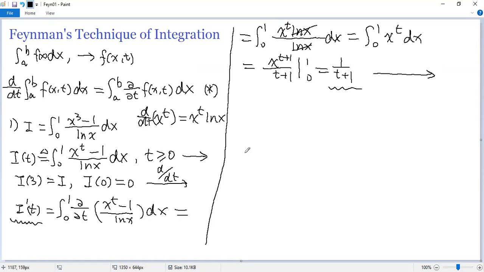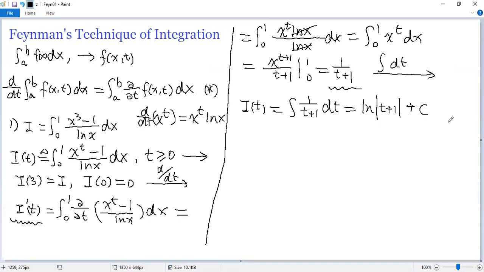To recover it, we integrate both sides with respect to t. So the left side is just I(t), the right side integral of 1 over t plus 1 dt. We know the antiderivative. It is ln absolute value of t plus 1 plus c.